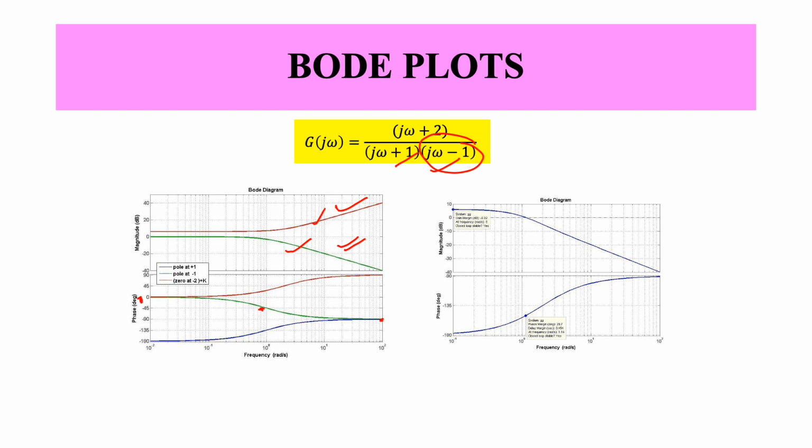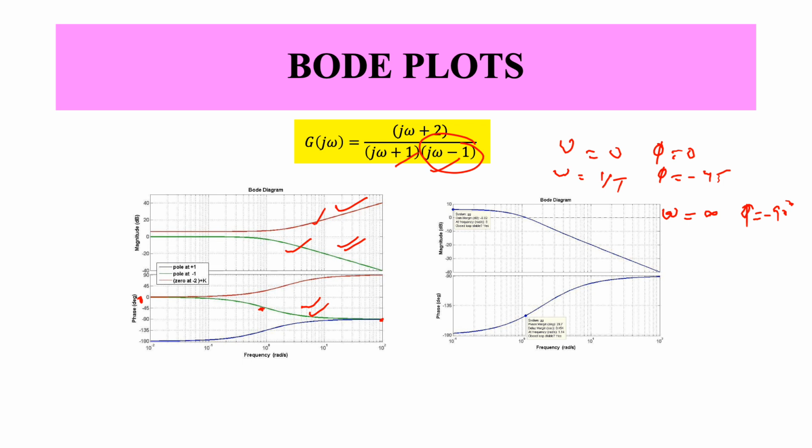Okay, so it starts at omega equals 0, phi is equal to 0. When omega equals 1 by T, my phi will go to minus 45, and when omega equals infinity, my phi is minus 90 degrees.